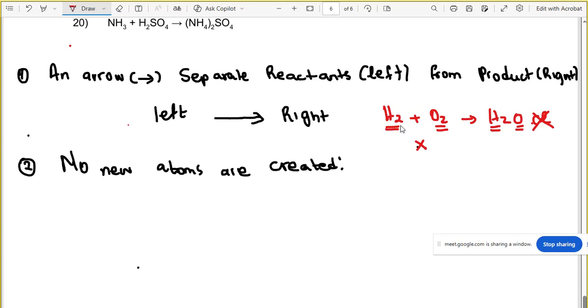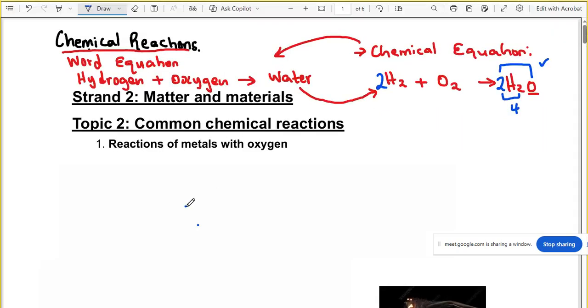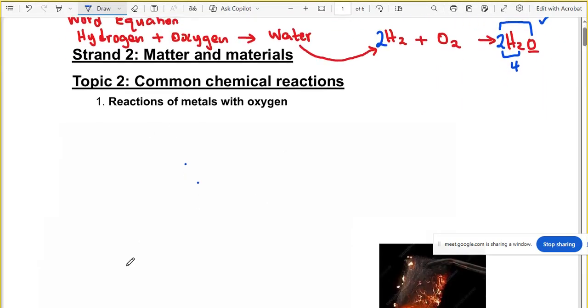All right. Now let's go to what we're going to work on today. Let's go back this side. So now let's look at topic 2, common chemical reactions. Let's first start with the reaction of metals with oxygen.